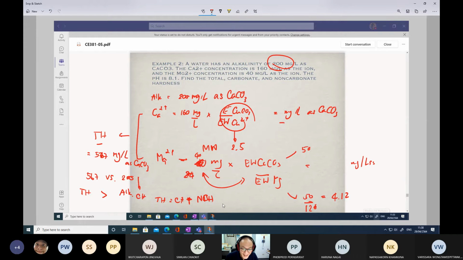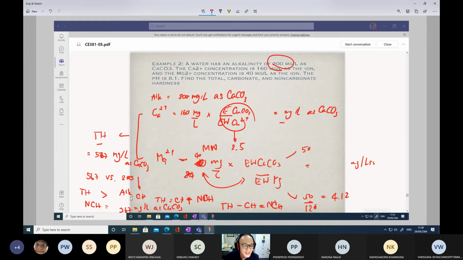Okay, again, total hardness subtracted by the carbonate hardness, then we will get the non-carbonate hardness. In this case, the non-carbonate hardness is equal to 367 milligrams per liter as calcium carbonate. So these are the answers to this example. This one is the total hardness. This one is the carbonate hardness.